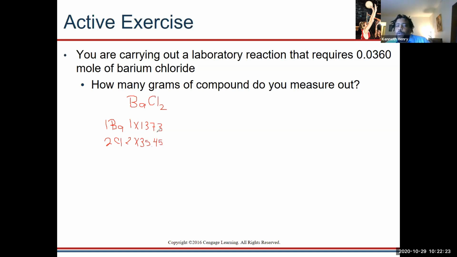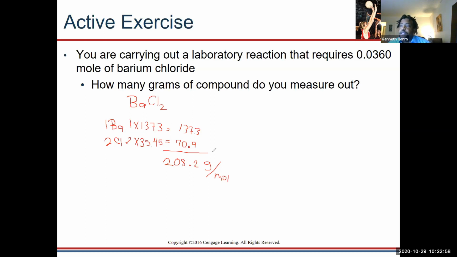So here we may not want to round too soon, because this guy's going to give me 70.9, and then this guy's going to give me 137.3. So that's 208.2, and the units are grams per mole.